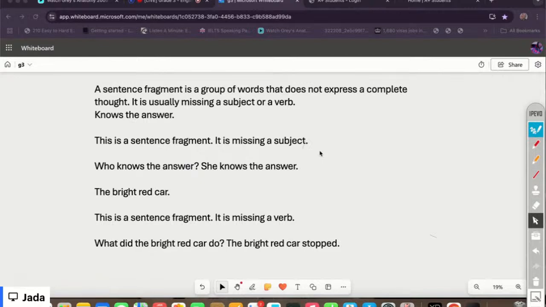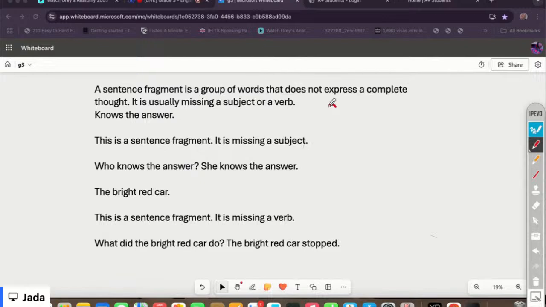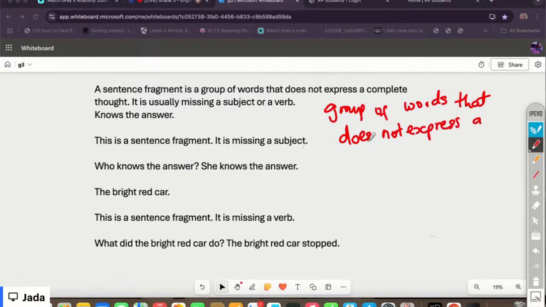Okay, so we have the sentence fragments. A sentence fragment is a group of words that does not express a complete thought.